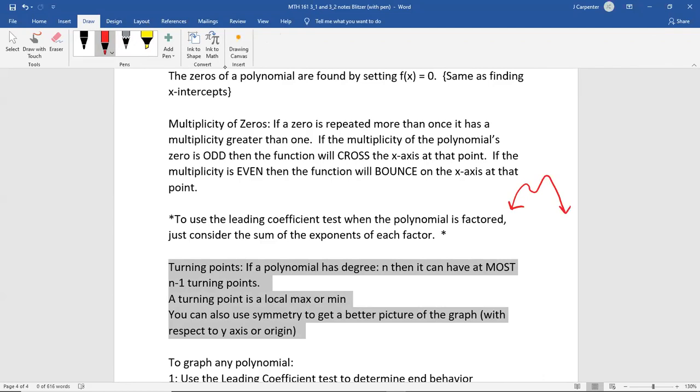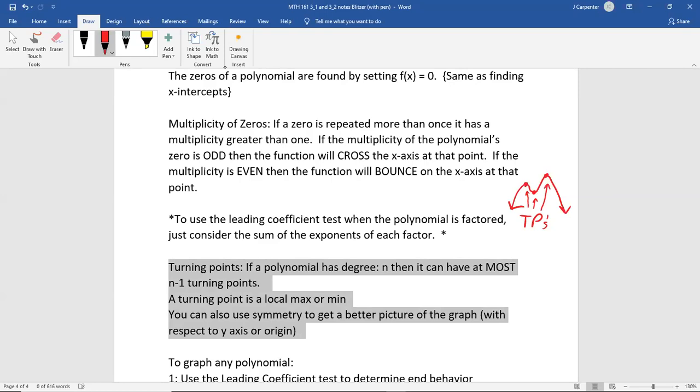The turning points are your local extrema. So those 3 dots, the local maxes and the local mins, those would be our turning points. I'm not using TP as test point here. Please listen to the words coming out of my mouth. Those are turning points. So there's 3 of them for this particular graph.